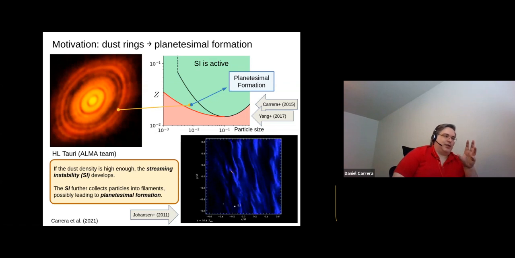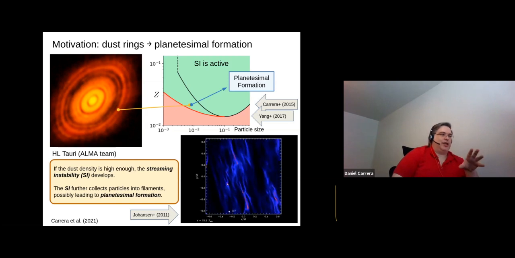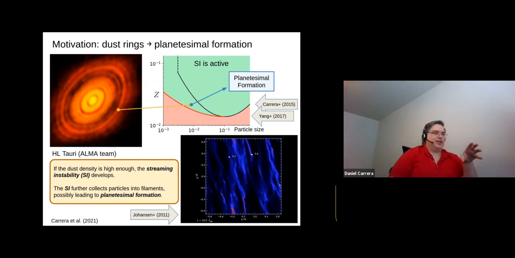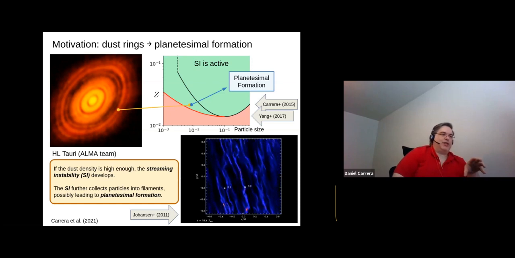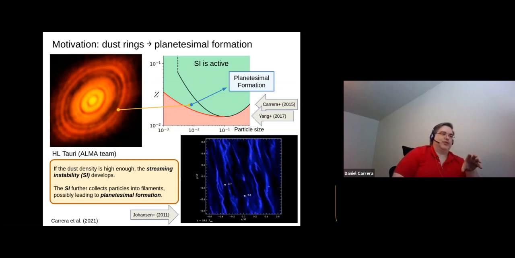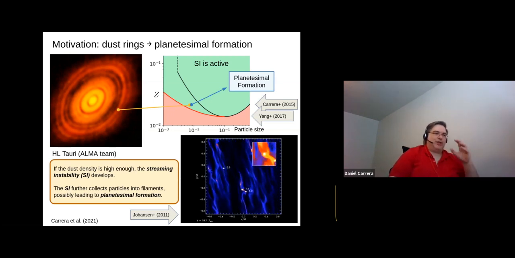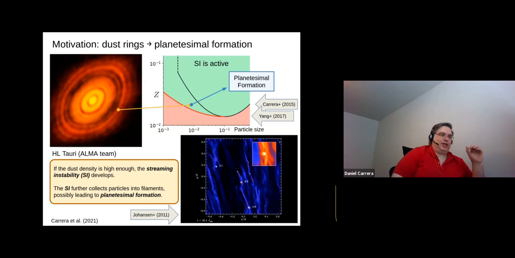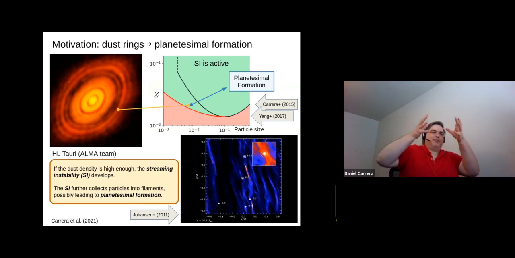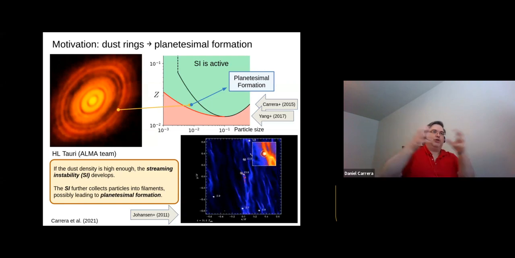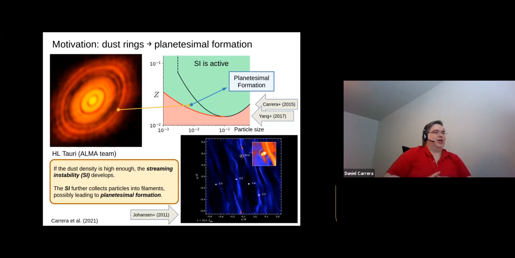The idea is that the instability collects particles into dense filaments, and if one of those overdensities crosses the Roche density, gravity takes over and the particles undergo gravitational collapse. From that point on, gravity takes us the rest of the way from this fuzzy particle cloud to the planetesimal, the final asteroid or Kuiper Belt object.